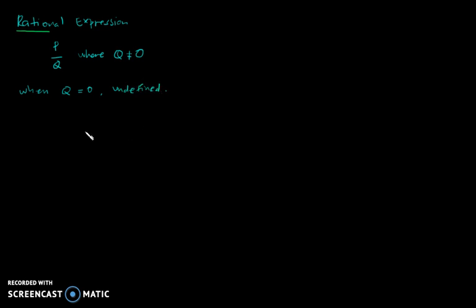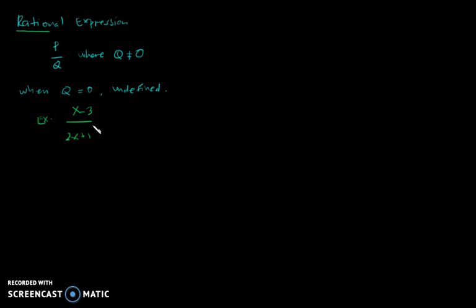Since this is an expression, it consists of variables. For example, I have here x minus 3 over 2x plus 1.